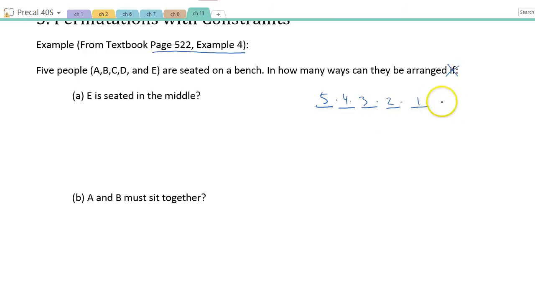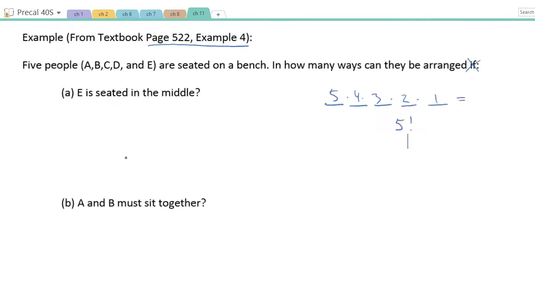Another way of writing it very quickly is to say 5 factorial. As soon as you have some number of people to seat in a row, it's always going to be that number factorial. Okay, so with that started, now let's think about this first constraint.